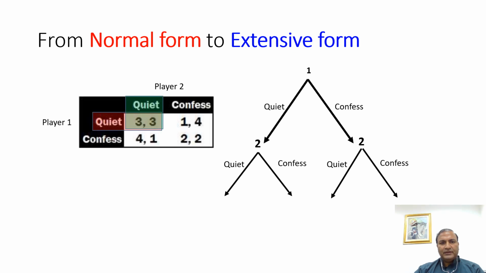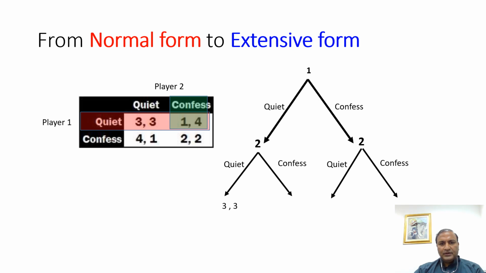So let us look at the first one where player 1 is choosing quiet and player 2 is also choosing quiet, and the payoff is equal to 3, 3.